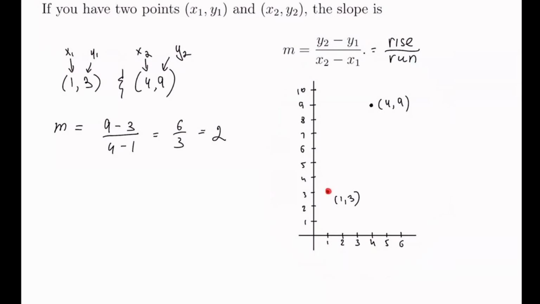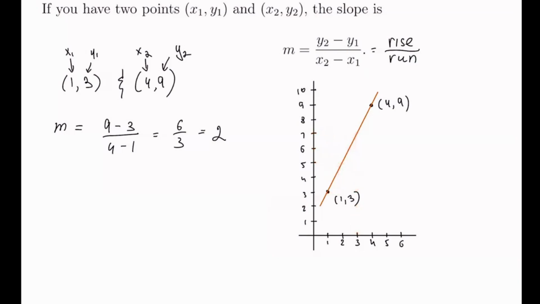So graphically, what we have here is these 2 points, and we connect them with a line, right? And now we say that every unit we move to the right, we go up 2 units, right? And then again, 1 unit to the right, 2 units up, 1 unit, 2 units, right?